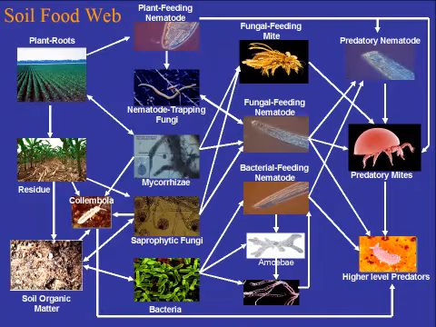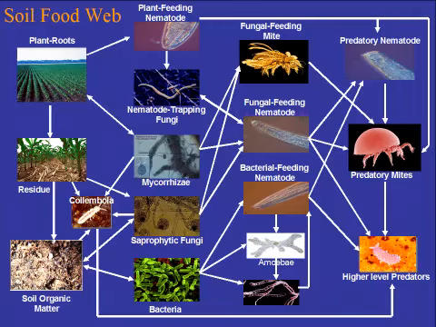And it's complex, okay? We've got nematodes that feed on plants, but we've also got saprophytic fungi, okay? Remember, these are the guys that are feeding on the dead plants. There are collembola, which are springtails. These guys help with soil structure. And there's bacteria, but all these things can play a significant role in the life of the other.